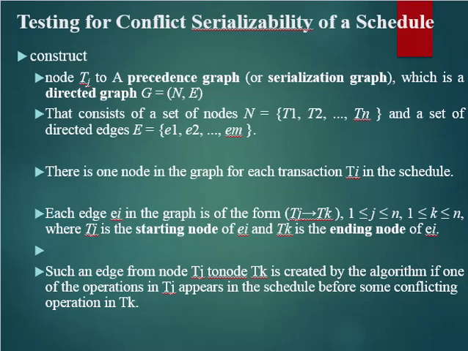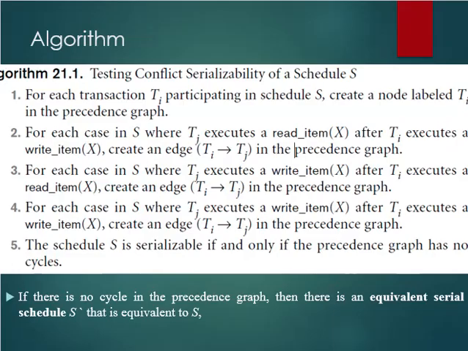Firstly you have to draw the nodes based on the given transactions. Next you have to identify the edges between the nodes, and for that we go through these steps. The first step is to create a node for each transaction. In the second step, for each case in S where Tj executes a read item X after Ti executes a write item X, create an edge Ti implies Tj.